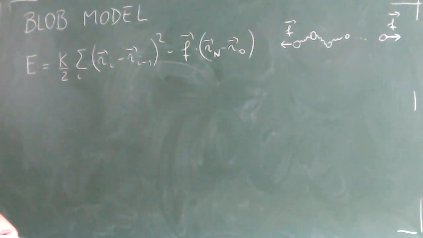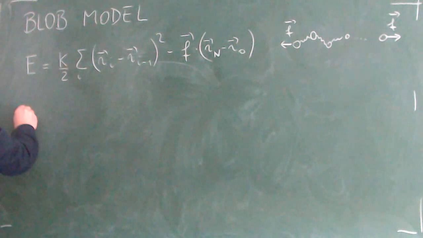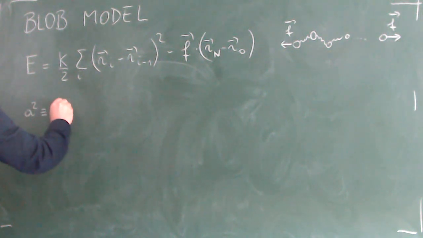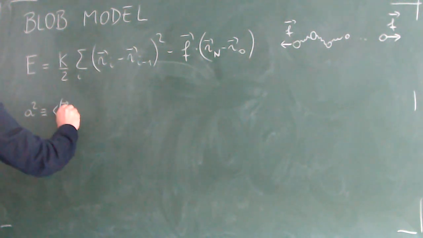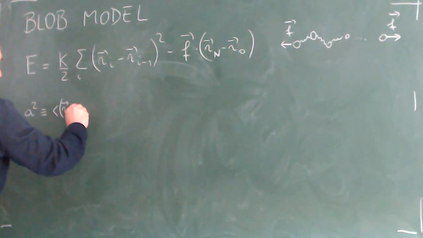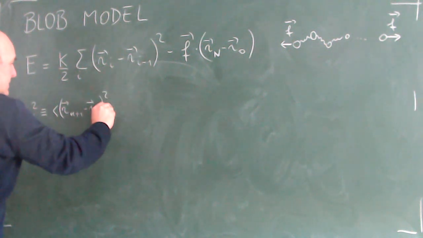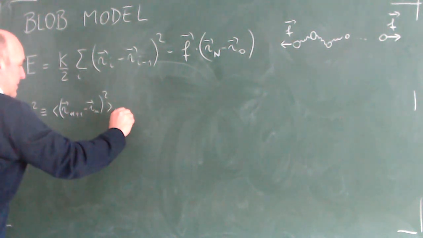All right. So, first of all, at F equal to 0, we can calculate what is the average stretching of this system. Okay. So we call a squared the extension of the springs, so it's R(n+1) minus R(n) squared at force equal to 0.